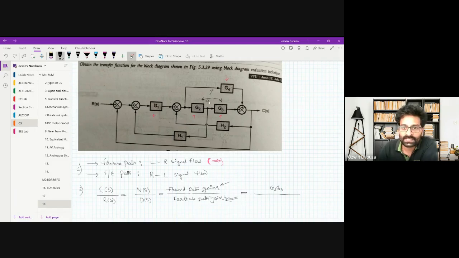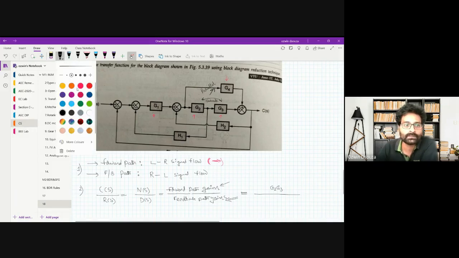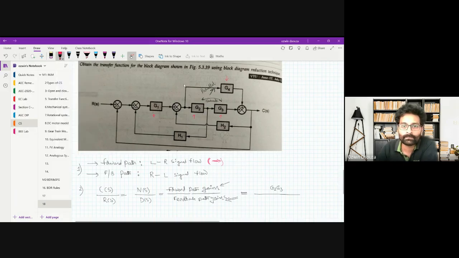This cascade connection comes in parallel with G4. So what happens? The overall transfer function, that is this.